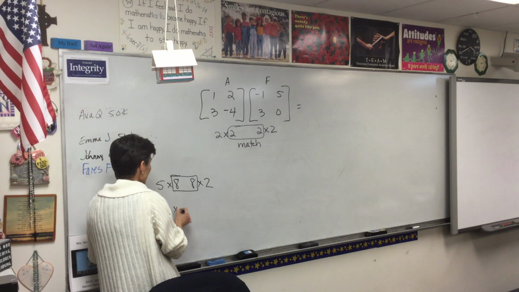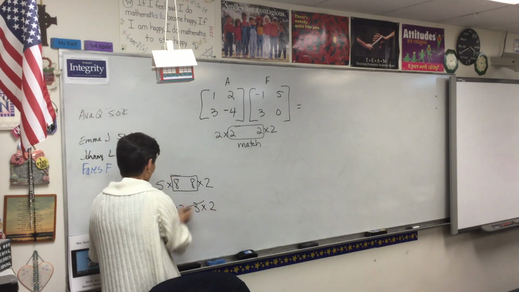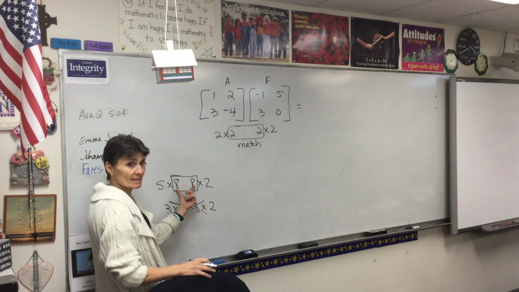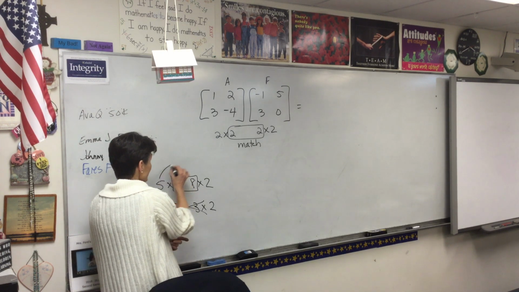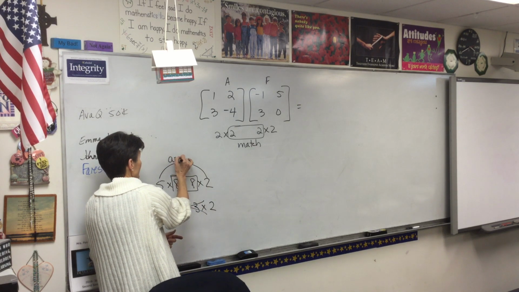So if you had a 3 by 2 and a 3 by 2, they're the same size, but they don't multiply. You've got to have the inside dimensions matching. The outside dimensions tell you how big your answer is.